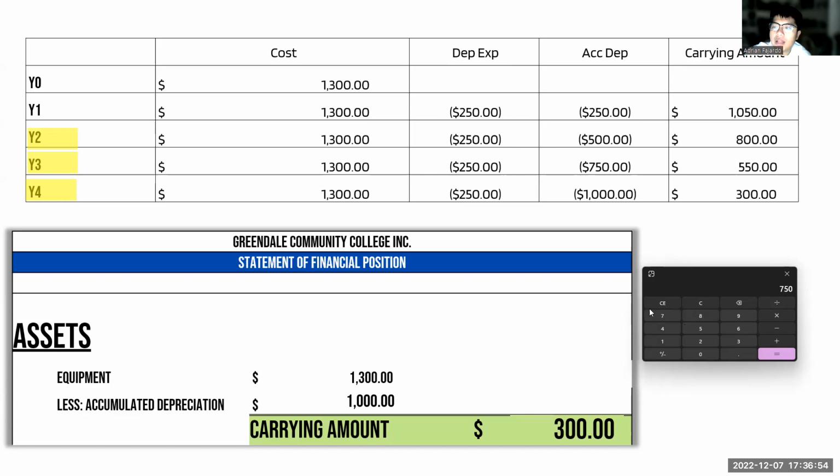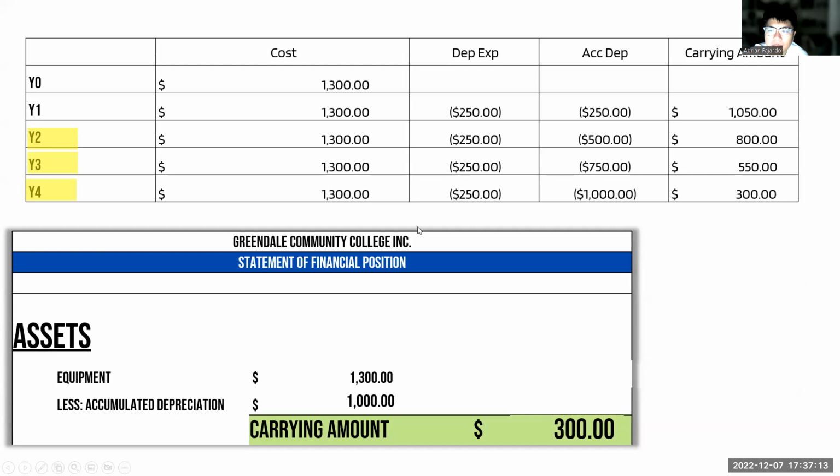So now I have 1,300 minus 750, 550. Ganun lang yung shortcut, right? So that's basically it for straight line depreciation.